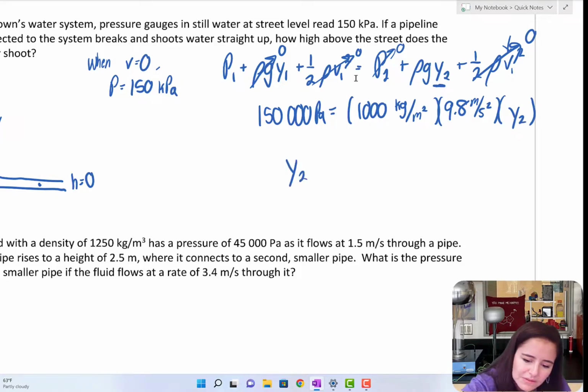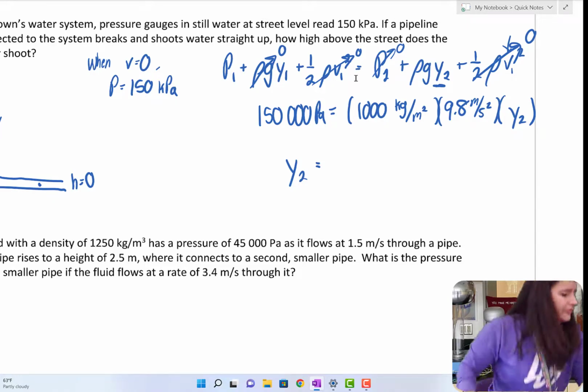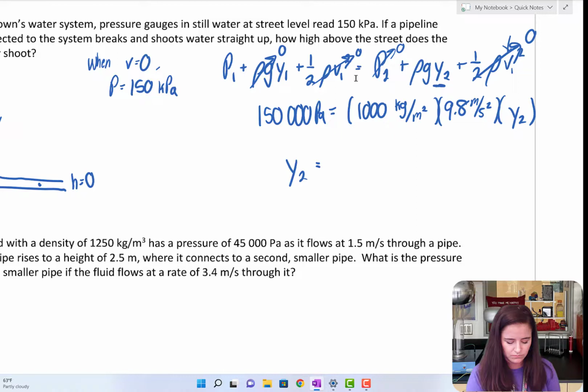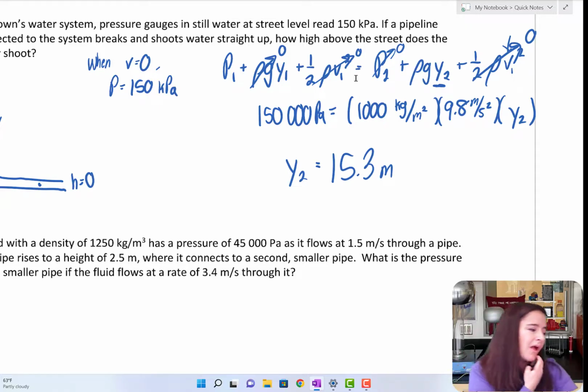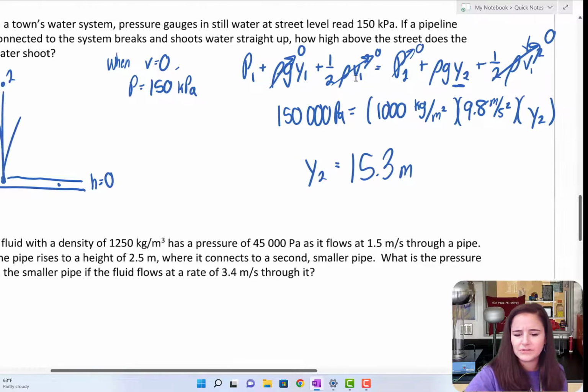And so when we do that, we get that it goes a vertical distance of 15.3 meters. Okay, cool. We'd probably just say about 15.